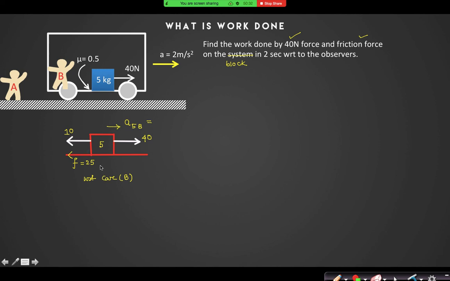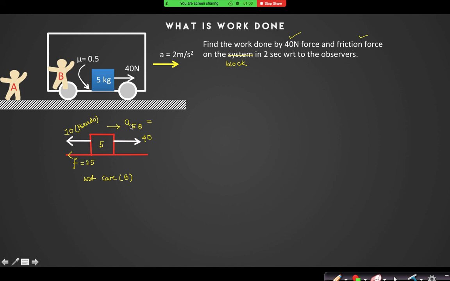With respect to the car, there is a pseudo force of 10 Newton, because the observer is also moving with 2 meter per second square. So with respect to the observer, I have to keep a pseudo force, and 40 Newton acts in this direction. So the net force is greater than the maximum value of the friction force.